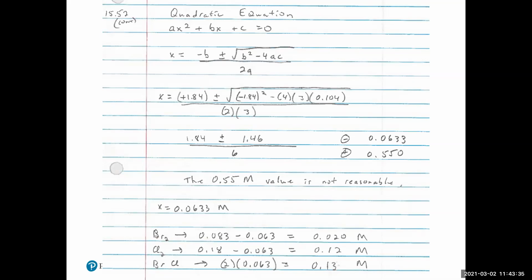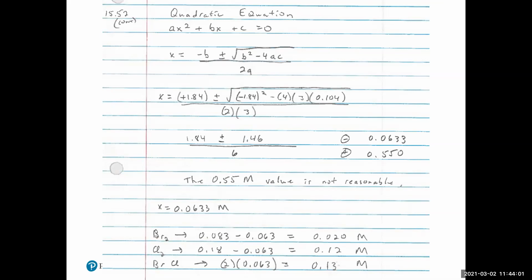So our b value was minus 1.84, so minus b is plus 1.84. Then we have minus 1.84, that quantity squared. With our 4 value, our a term was 3, our c term was 0.104, so we fill all those in, and then 2a in the denominator, we have 2 times that a term again, which was 3.